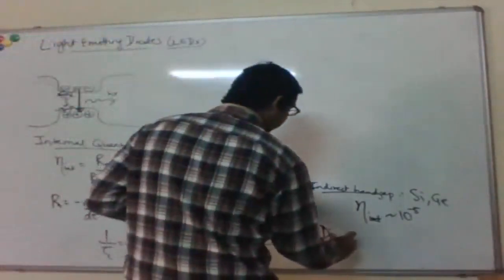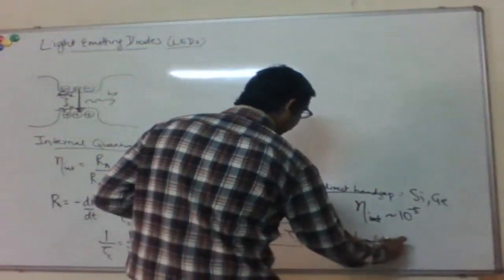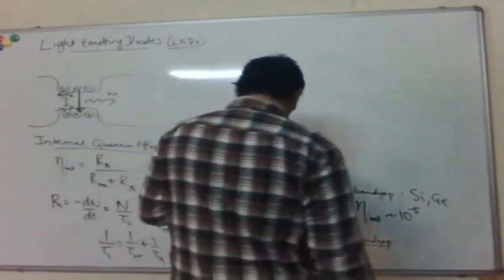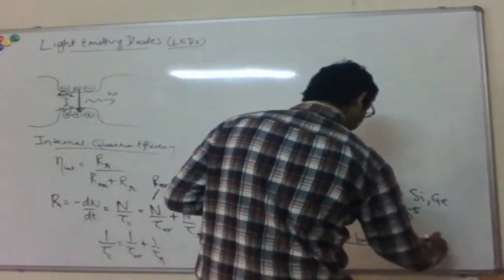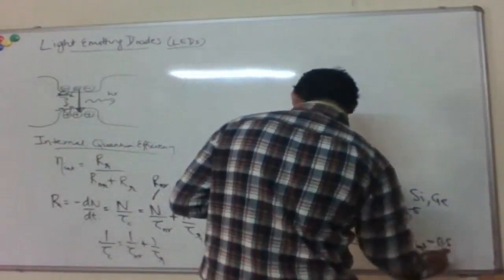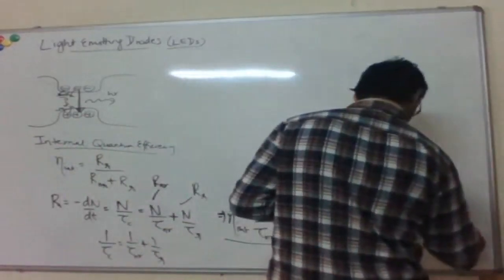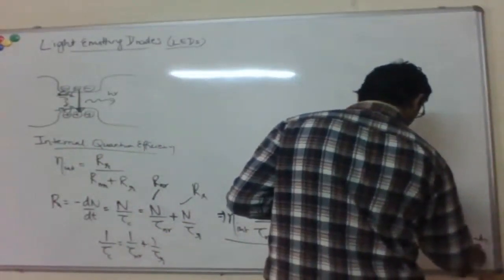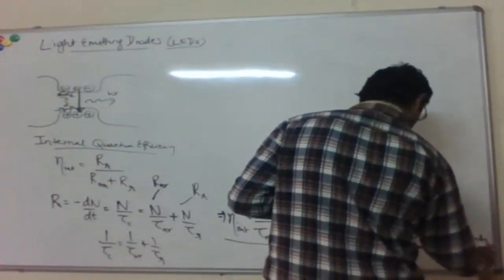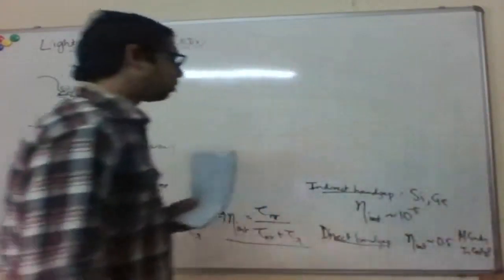Whereas if you go to direct band gap, these 3-5 materials that we talked about, right? You can really increase this a lot. So this can be up to 50% for GaAs or InGaP materials that we talked about, right?